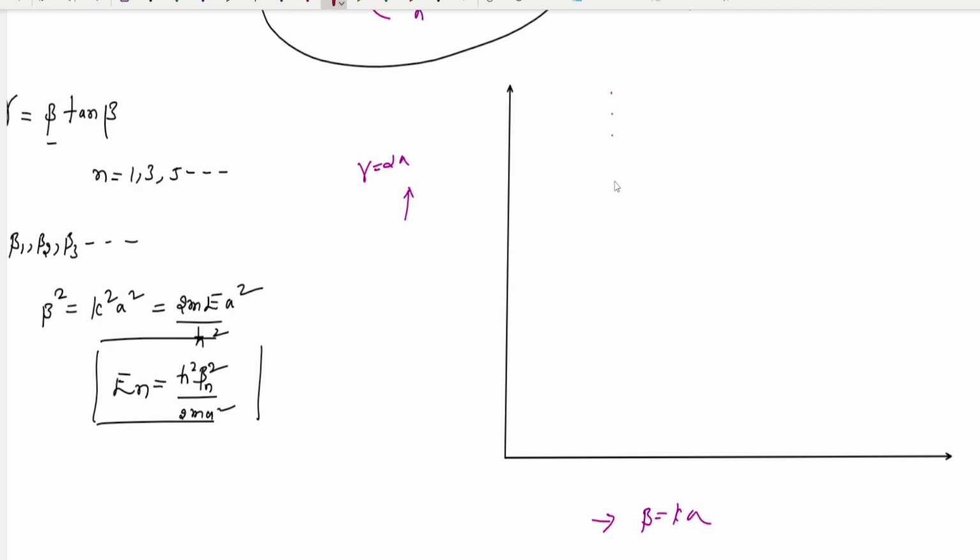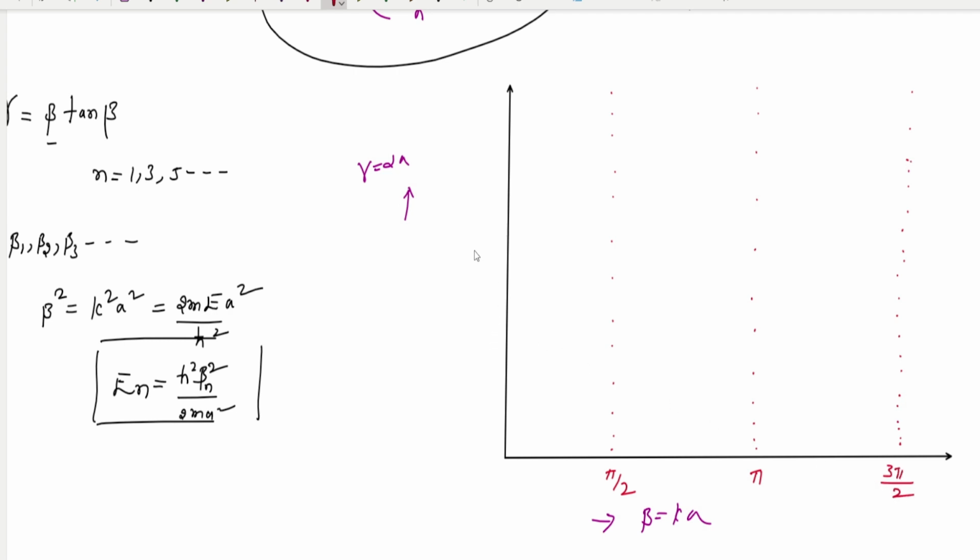For example, this is pi divided by 2, this is pi, and this is 3 pi divided by 2.